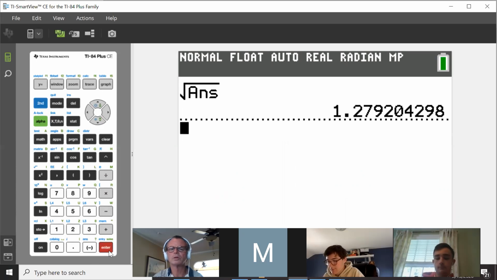That might not work. There's a number that's a little less than 1.3, because that would be the population standard deviation. So the issue is the calculator is doing it for you, but you have to know what the calculator is doing.